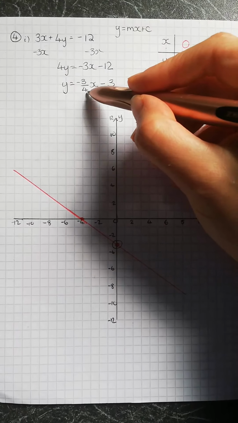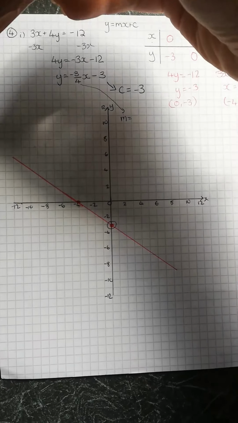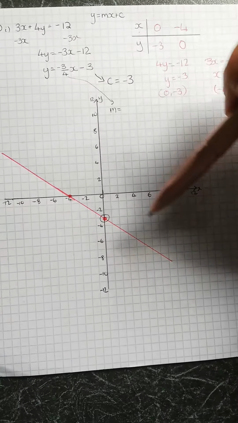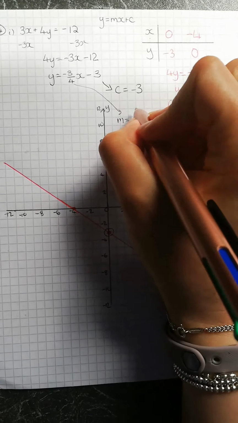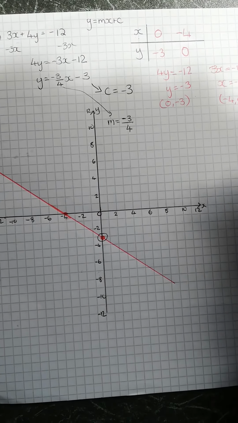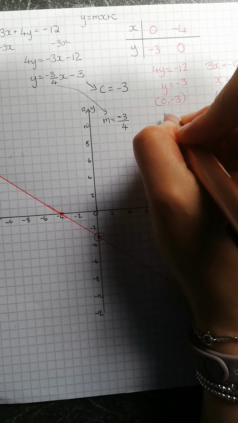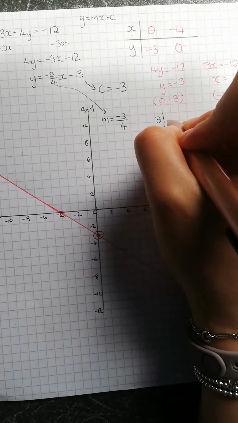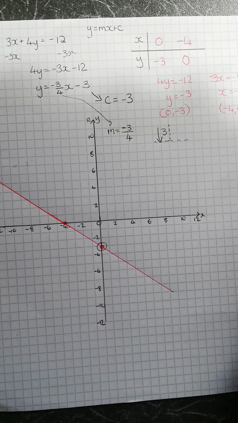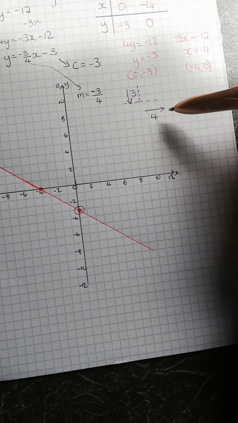And this is where it maybe gets a bit more awkward. It tells us, first of all, that the gradient is negative, and that's fine, because we've got a line sloping down like that. And it tells us that the gradient is minus 3/4. Now, that might not be the easiest to draw, but that, remember, means that for every 3 we're going down, then we're going 4 across, vertical over horizontal.